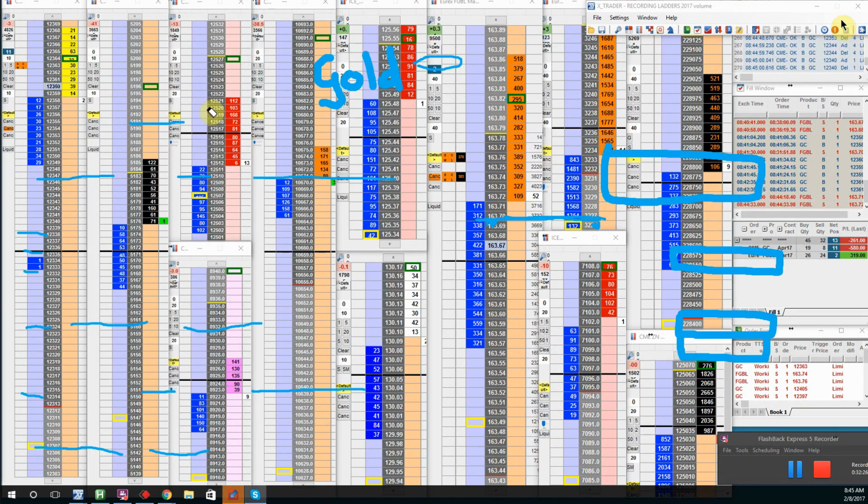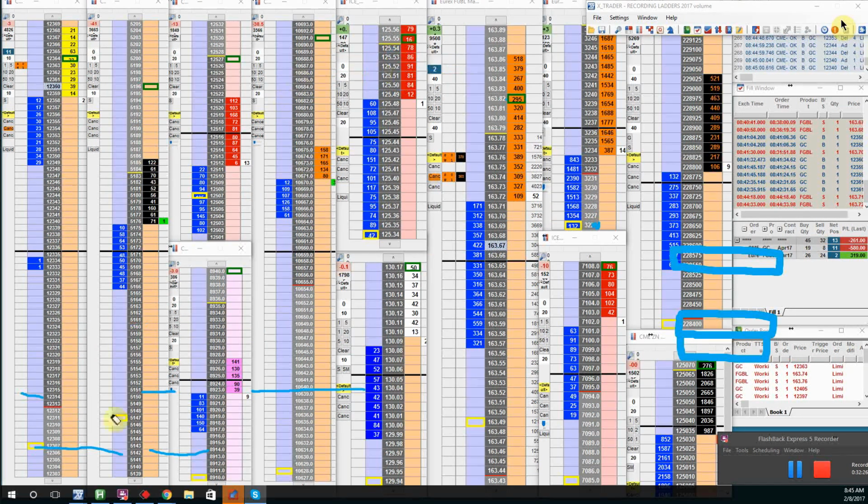Okay, so let's make the screen nice and clear over here. This is one of our traders on the trading floor, and where I want you to focus your attention is on this ladder right here. This is the gold futures market.